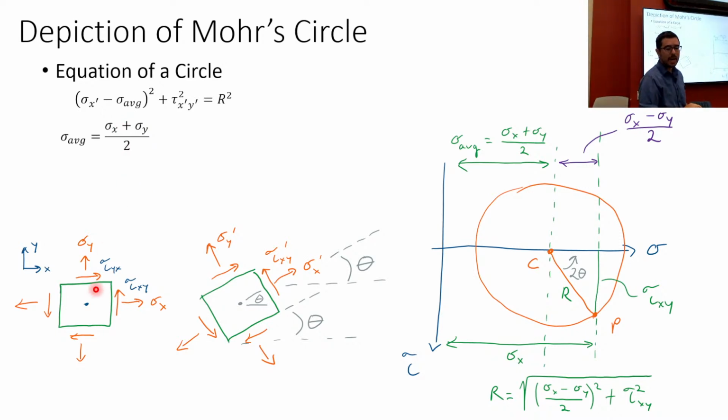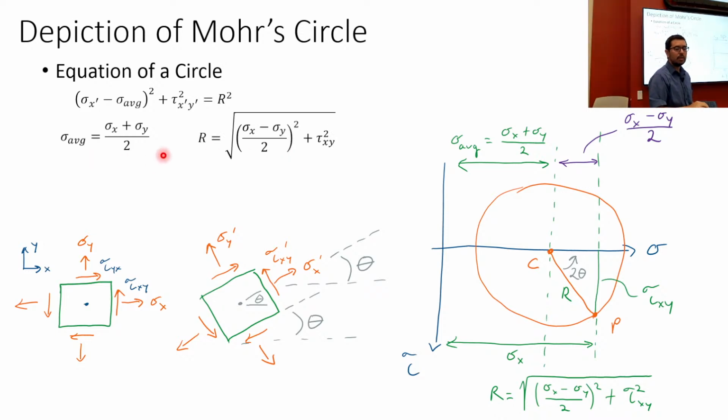So if I give you an element that has a sigma x, sigma y, tau xy, you can plug and shove if you want. What's the center? Boom, average. What's the radius? Well, it's this big, nasty expression.